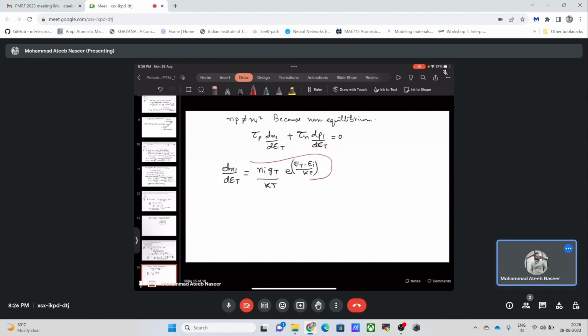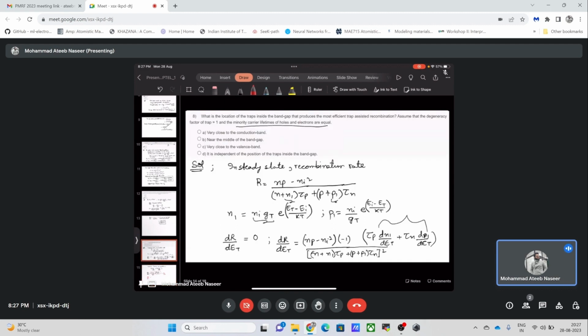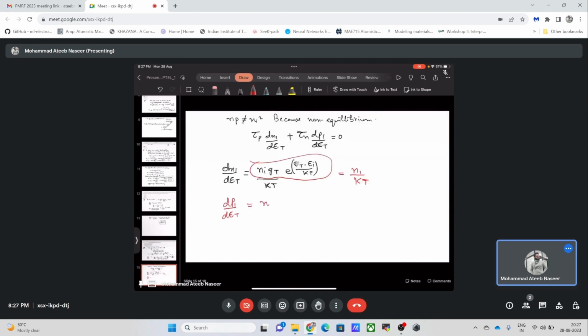This whole thing is simply equal to n1, so it is n1/kT. For dp1/dEt, ni/(kT gt) will come, times exponential of (Ei − Et)/kT.